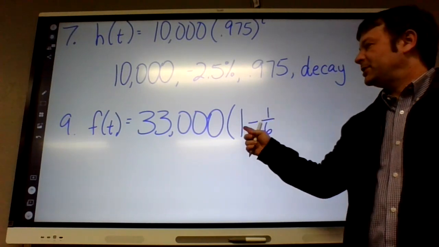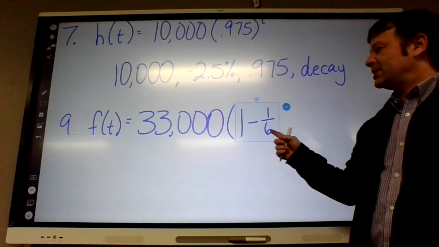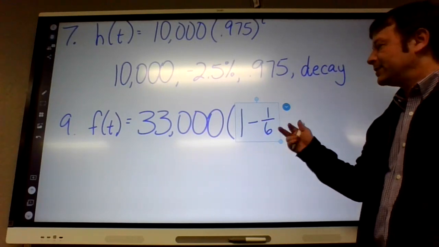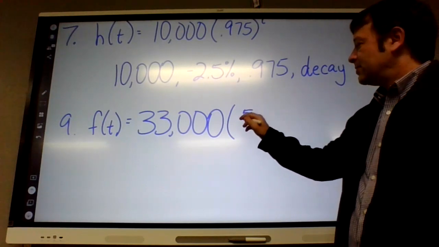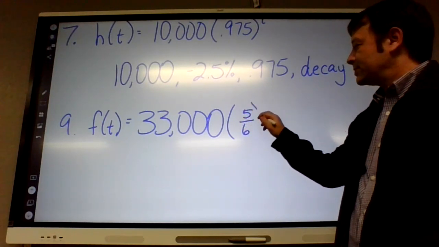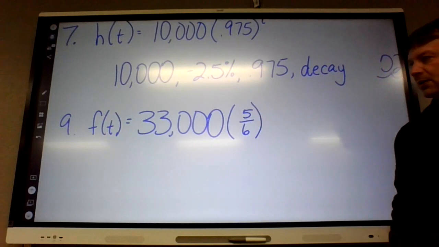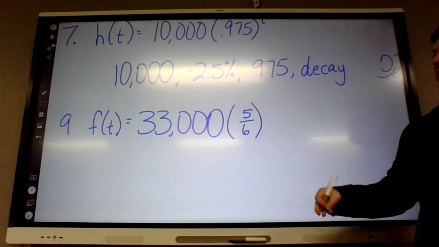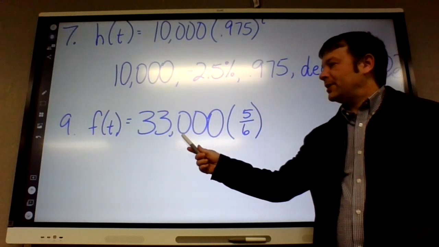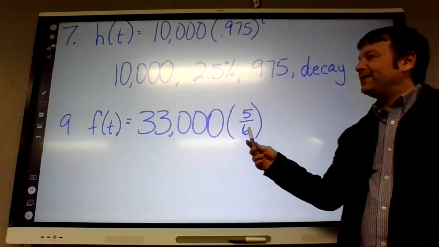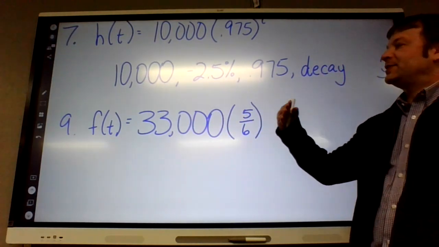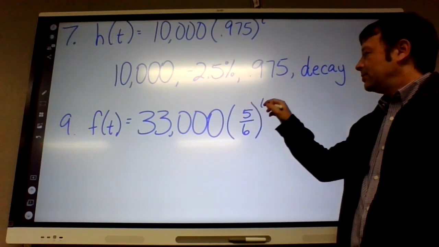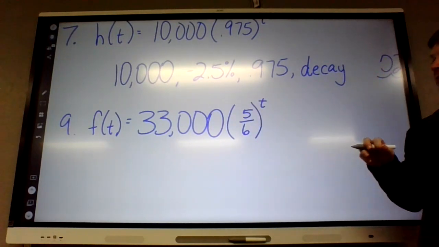If you have one cookie and you eat 1/6 of the cookie, what are you left with? 5/6. So let's just do the simplified version there. So that means after 1 year, the $33,000 car is only going to be 5/6 of what it was the next year. And then 5/6 of that the year following. So they didn't tell us how many years, so we just put a T right there.